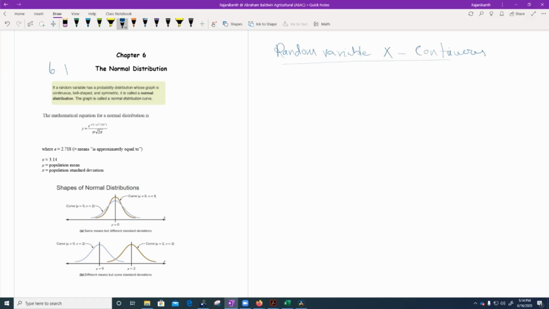If the random variable has a probability distribution whose graph is continuous, bell-shaped, and symmetric, it is called the normal distribution.